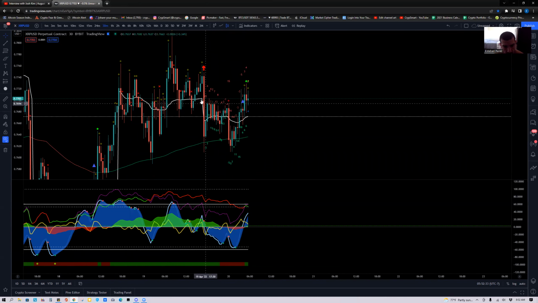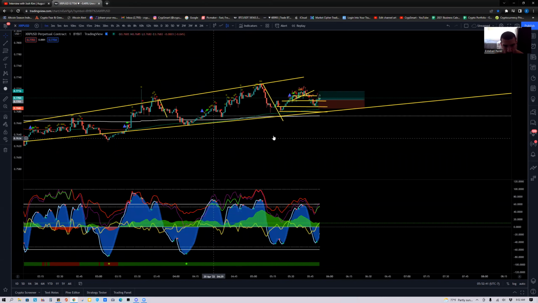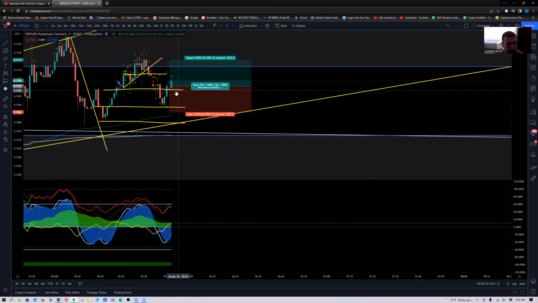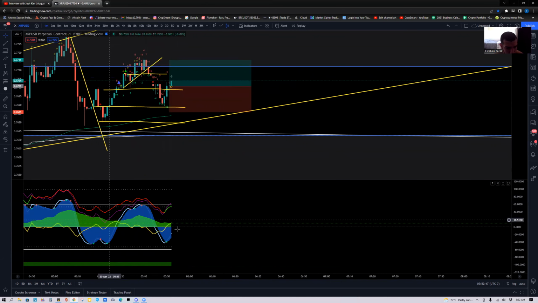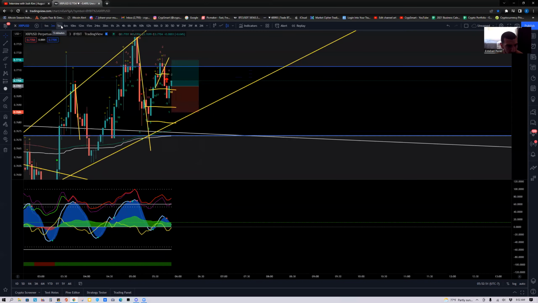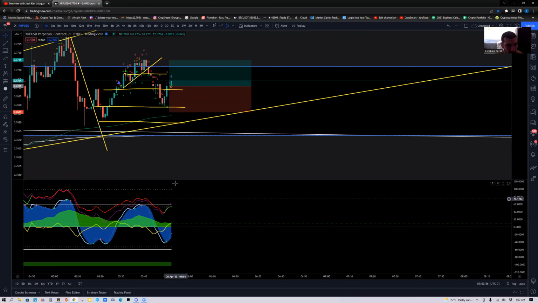Broke that. Let's pretend that was a trade. I did not take it. But everything qualifies for that trade. Everything is moving in that direction. And on the smaller time frames, we got the green dot there.